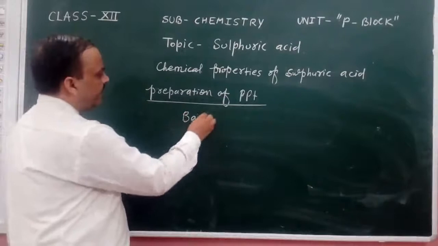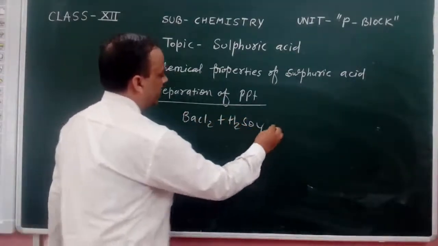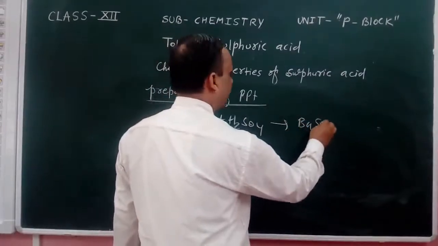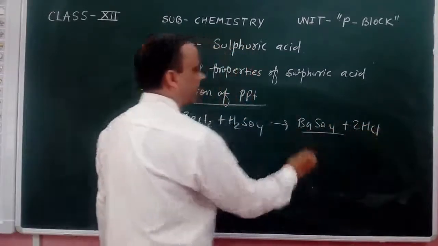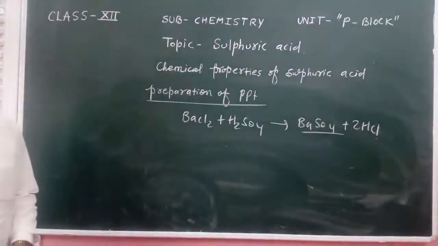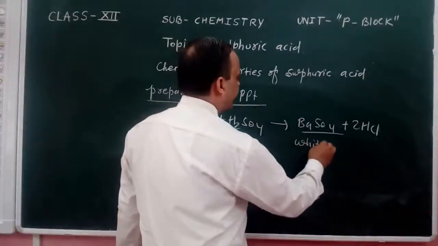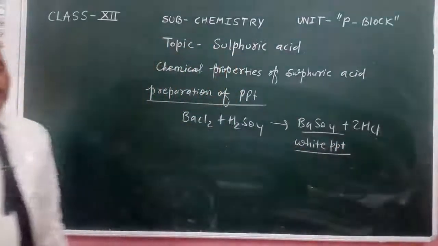When barium chloride reacts with H2SO4, we get BaSO4 plus 2HCl. BaSO4 is a white precipitate.